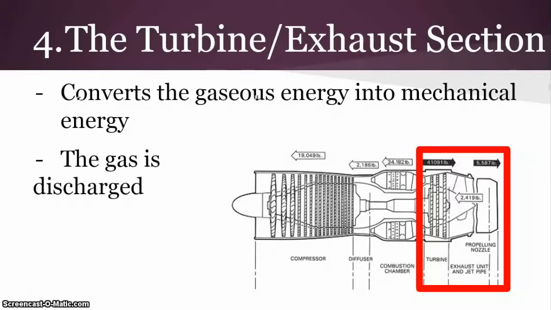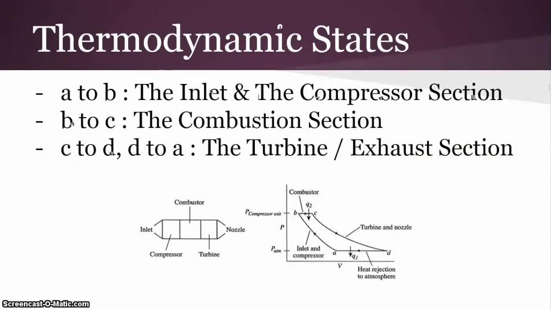After the gas has passed through the turbine, it is discharged through the exhaust. Though most of the gaseous energy is converted to mechanical energy by the turbine, a significant amount of power remains in the exhaust gas. This figure is for the jet engine components and corresponding thermodynamic states.